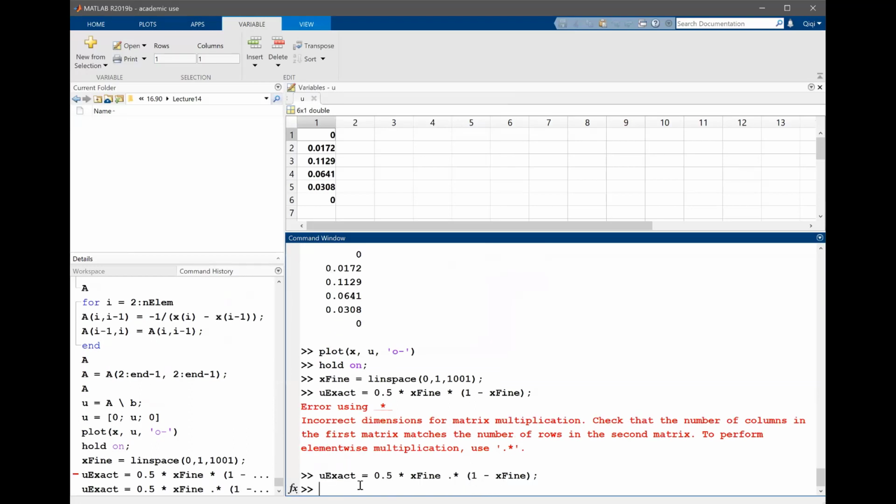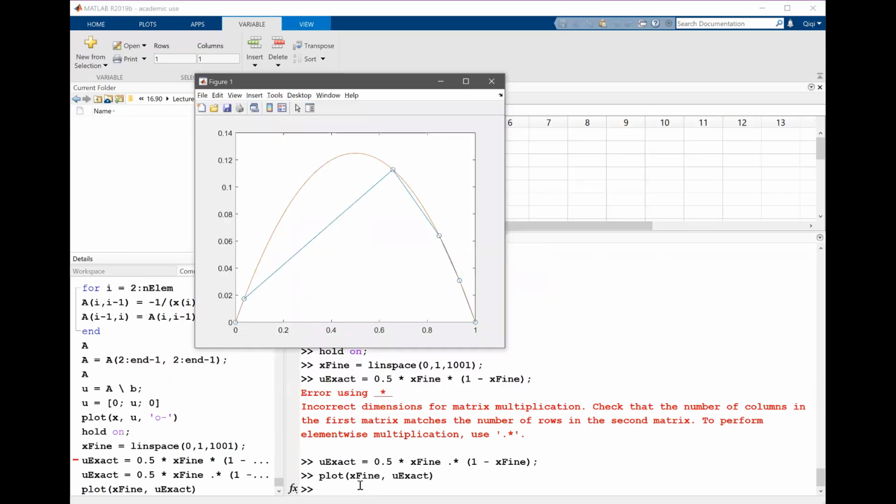I need to use dot times, and I'll plot x fine and u exact. You see the red one is the exact solution, and my blue one is my numerical solution with finite elements. Although my elements are extraordinarily coarse, I'm getting the solution pretty well.